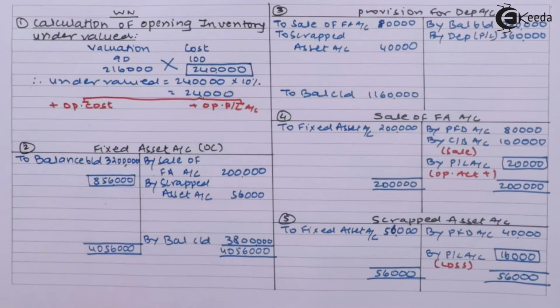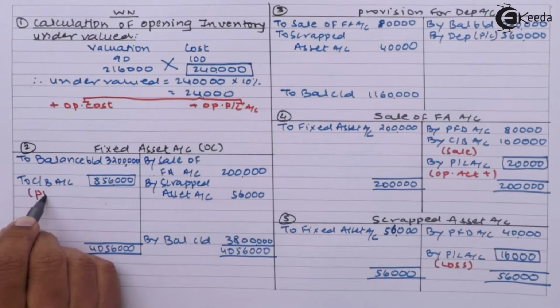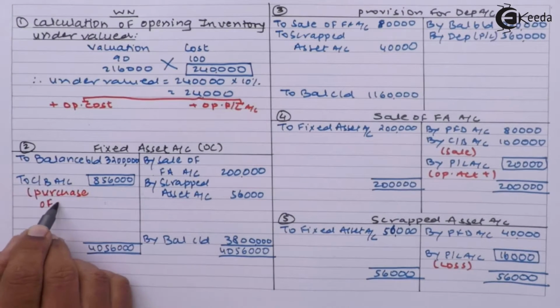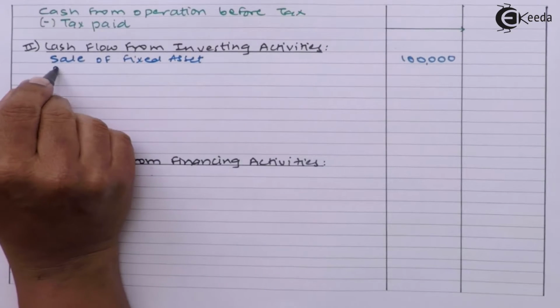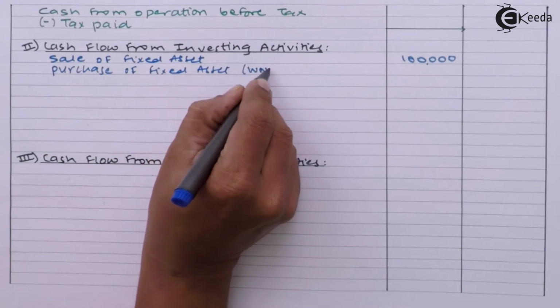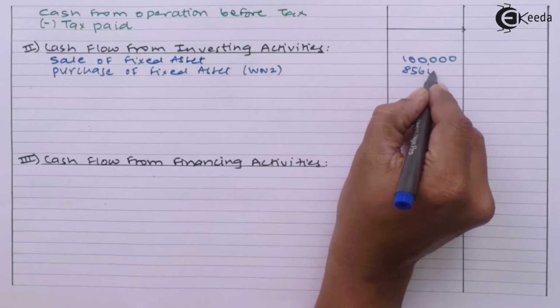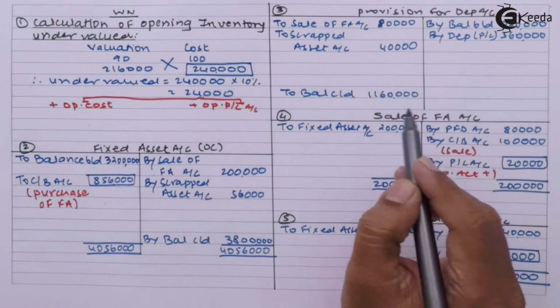Here this difference is on debit side, means fixed asset comes in, means we have purchased the fixed asset, so we have paid cash. Cash goes out will be shown as an investing activity outflow. Eight lakh 56,000. Next is PFD account.